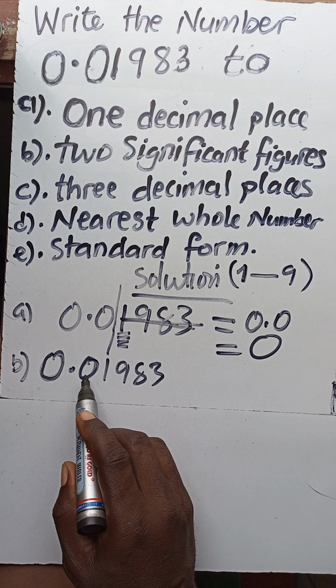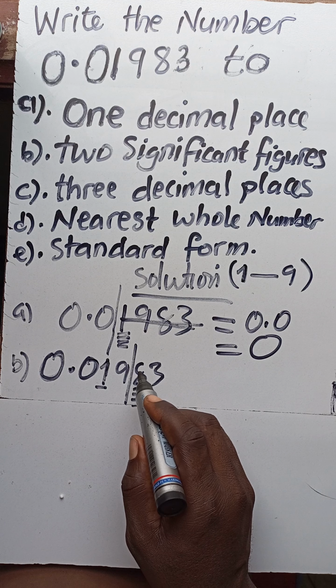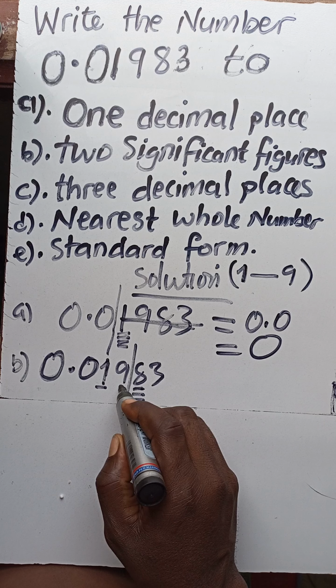So we are asked to approximate this number to two significant figures. So we will not start here, we'll start here. This is the first significant figure, second significant figure. And so we draw a vertical stroke immediately after the second significant figure. And we consider the digit immediately after that stroke. This time around, this digit is above 5. So we're going to round it up to 1 and add to the digit immediately before the stroke, this one.